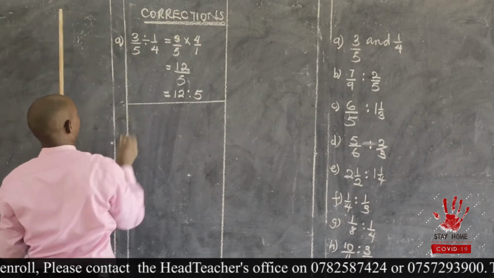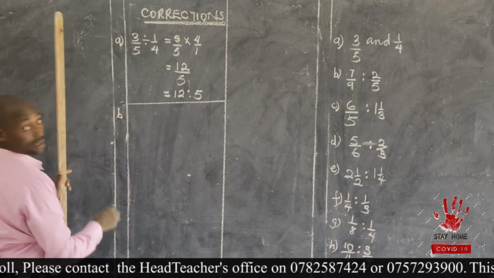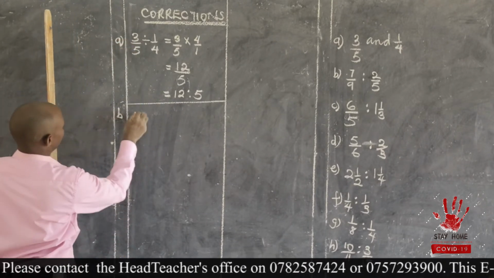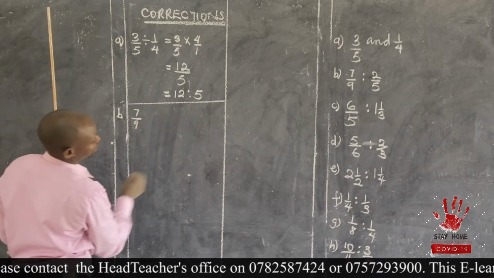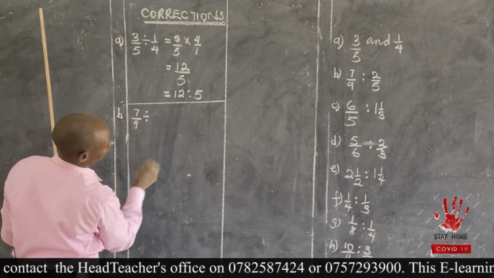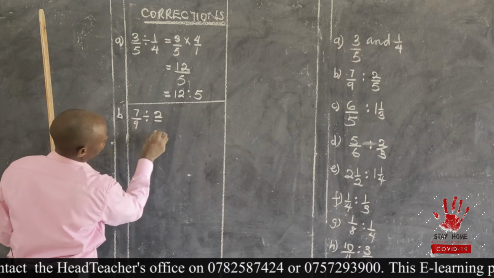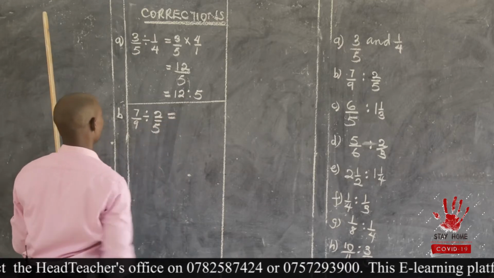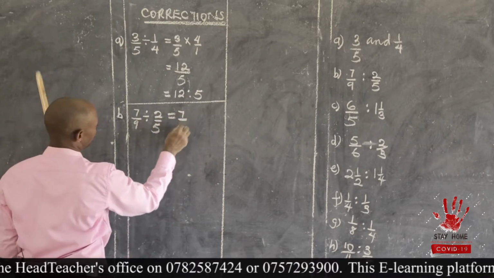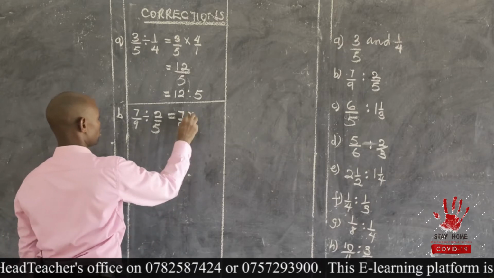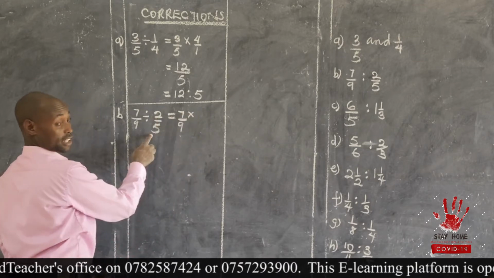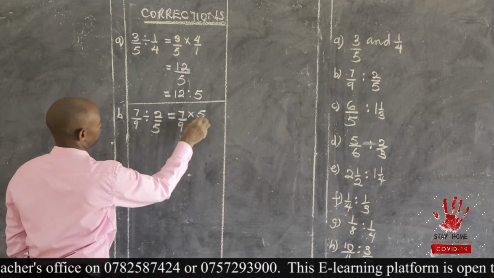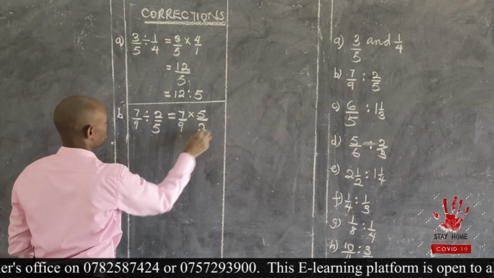That was A. So we look at B. B was 7 out of 9, which we are supposed to divide by 2 out of 5. So this one is going to give you 7 out of 9. Division changes into multiplication, and the next fraction becomes a reciprocal, which is 5 out of 2.